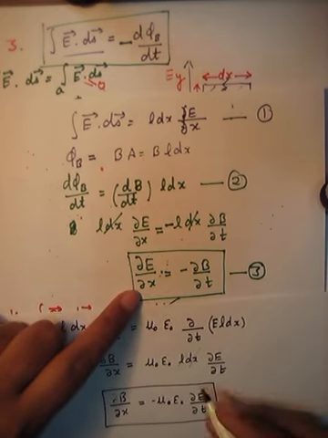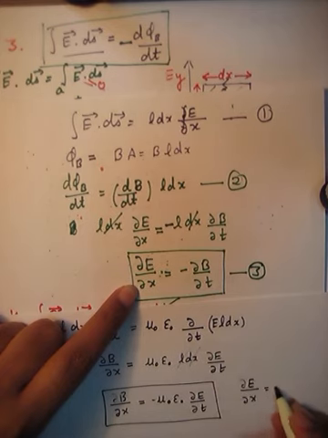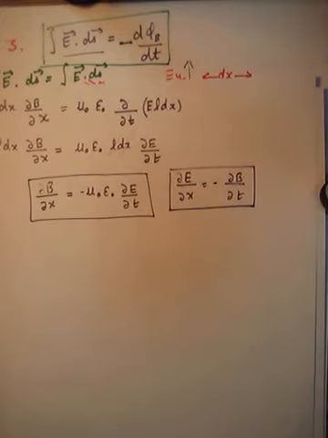And there was another equation, equation 3, which was ∂E/∂x is equal to minus ∂B/∂t. Now we are going to use these two equations and try to find out the final result.